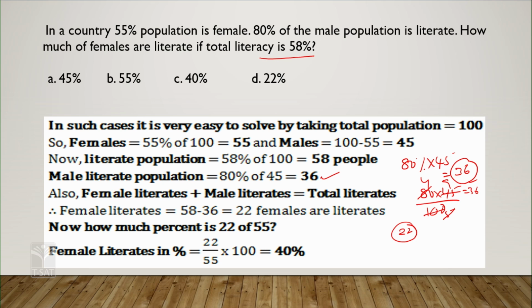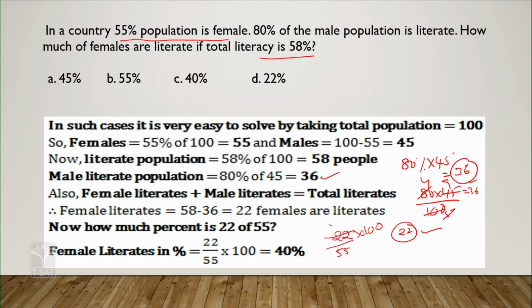But what is given here? How many females are literate of total literacy? 22, correct? Out of 58, 22 females are literate, 36 males are literate, correct? Now you have to calculate, because there is 55% female population, don't get confused. So, you have to calculate 22 out of 55 into 100.